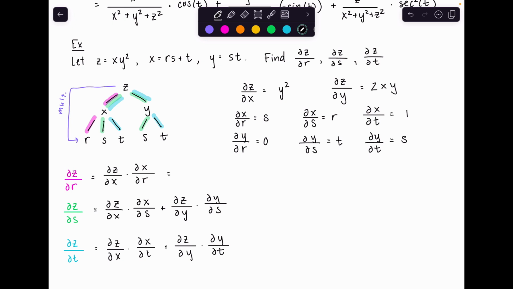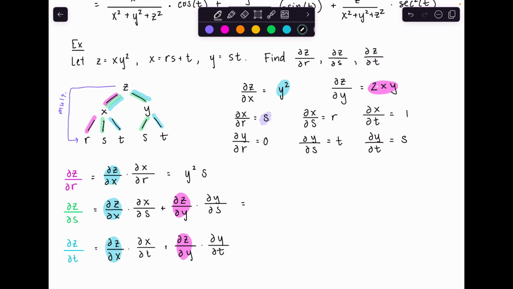So filling in now each of the pieces, I'll go ahead and just highlight stuff. Partial with respect to x, all of these are going to get replaced by y squared. And then all of my partials with respect to y are going to get replaced by 2xy. And then we're just filling in these pieces as needed. So I'm going to avoid highlighting those. So this first one would be y squared times s.